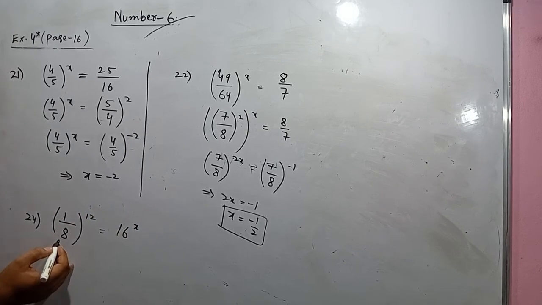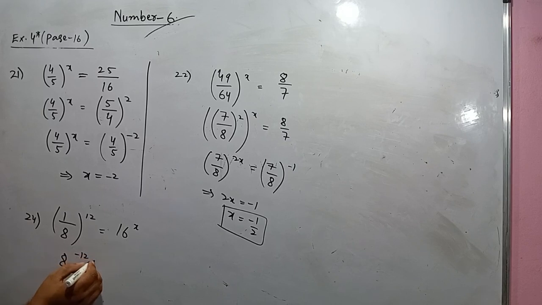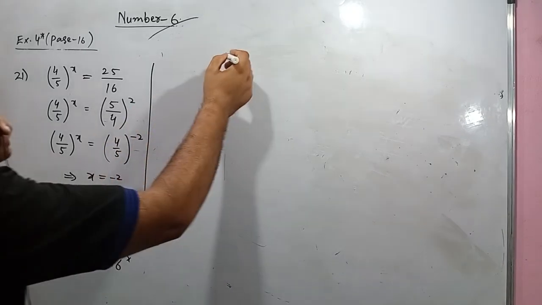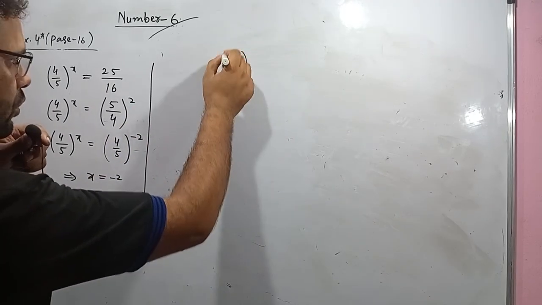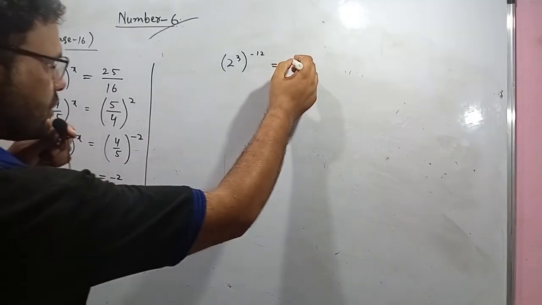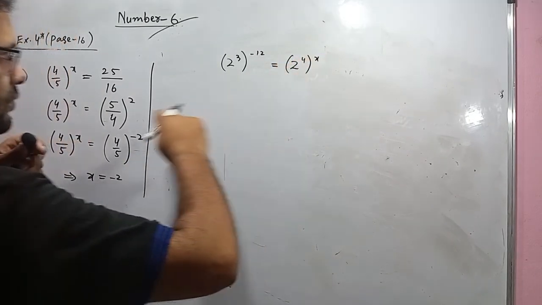Now you can see here this 1/8, what I will do, I will write 8 power -12 equals to 16 to the power x. I will write here instead of 8, (2 power 3) whole power -12. Instead of 16 I will write (2 power 4) whole power x.